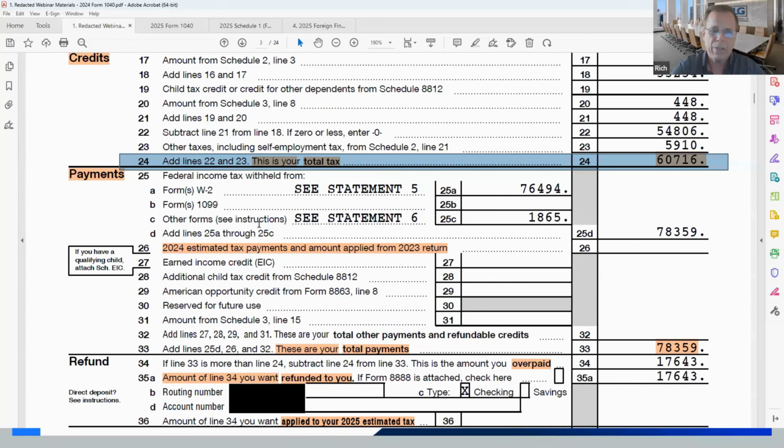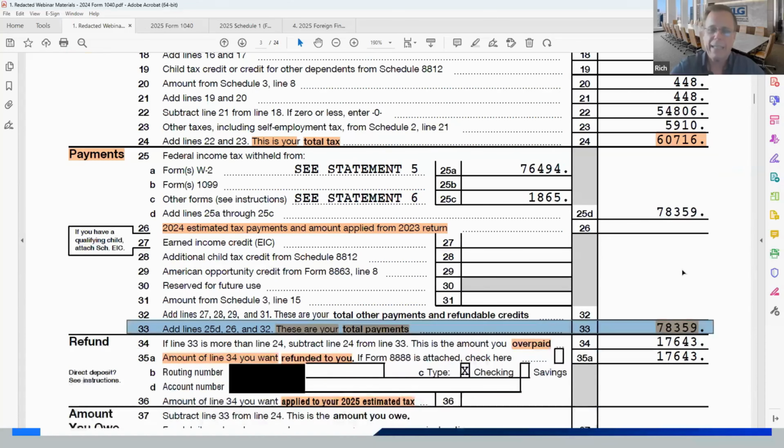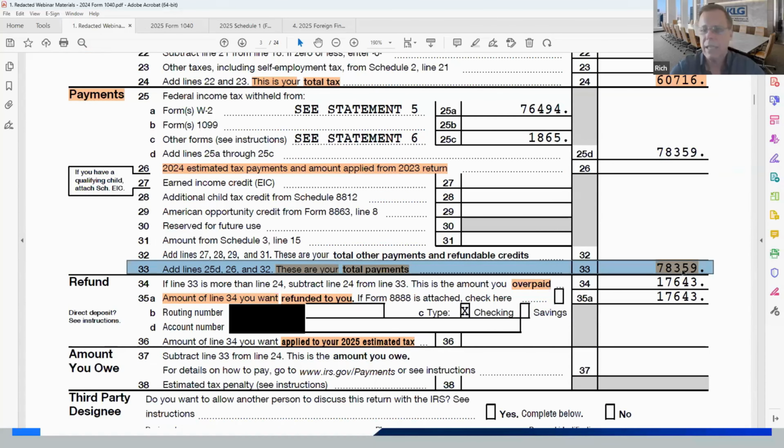So you can tell on line 33 the total payments. The taxpayer had total payments of $78,000. Their total tax was $60,000, which means on line 34, they overpaid their taxes by $17,000.